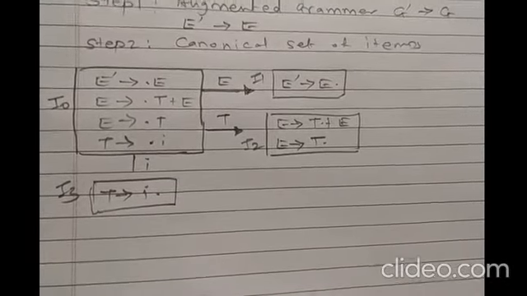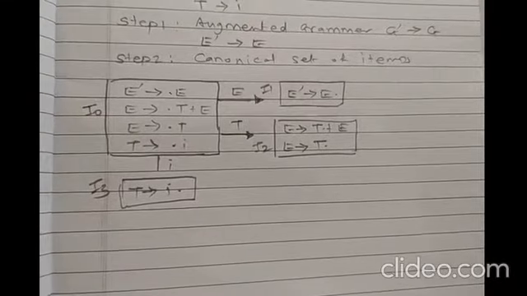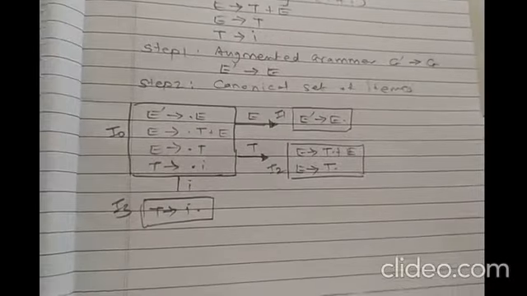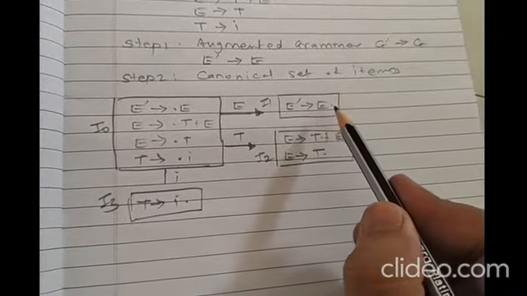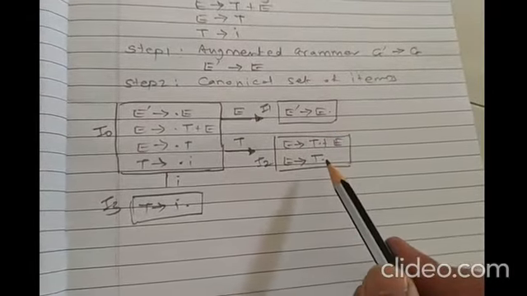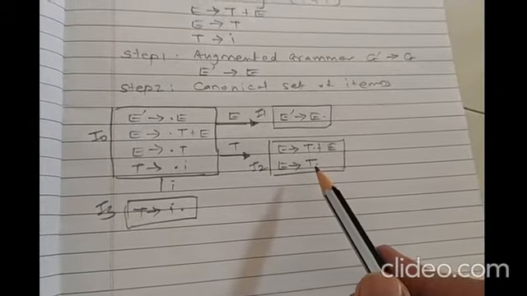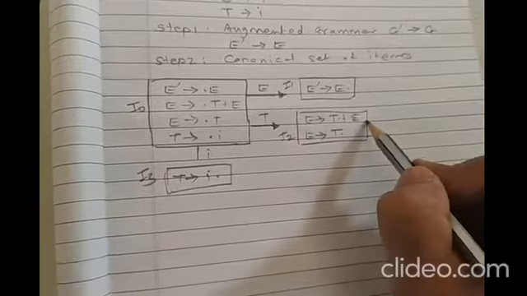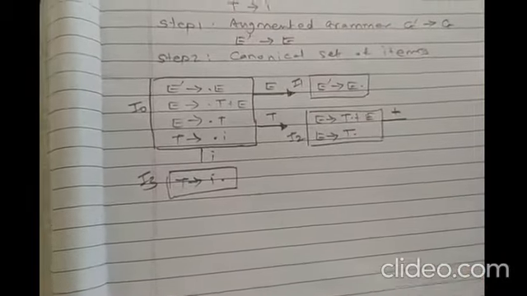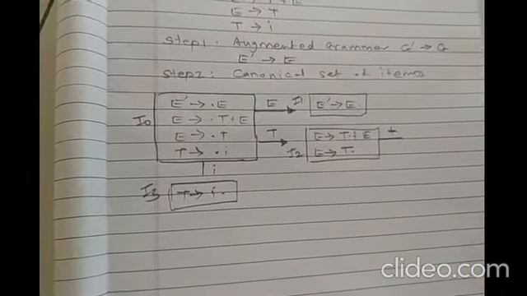Now let us find the other transitions. On this particular state, no transition is possible since dot is coming at the end. On this, the transition possible is with plus. So we'll simply apply the plus transition over this. See what changes we can have.